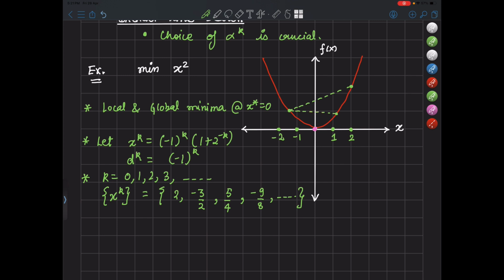Then minus 9 by 8 is minus 1.125, so it's just above 1 in magnitude. Let's say this dotted line represents the point where it cuts 1.